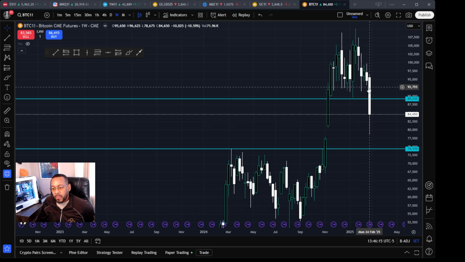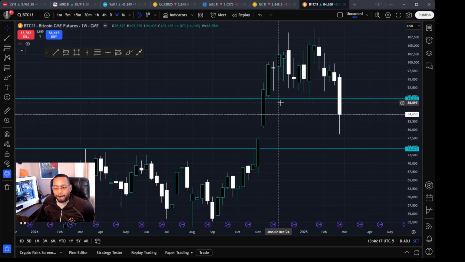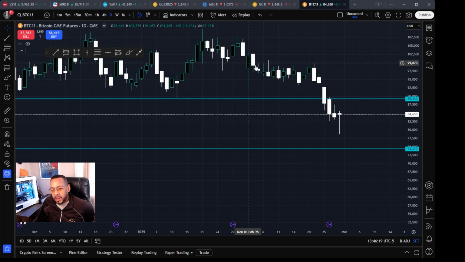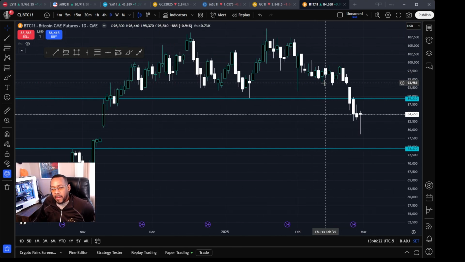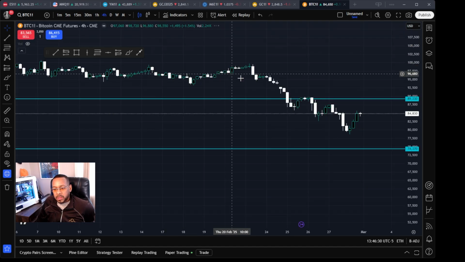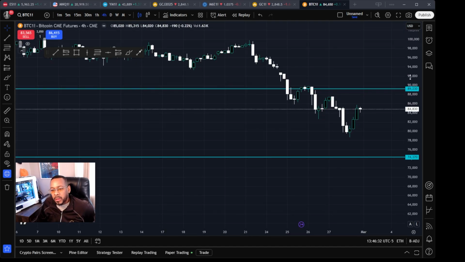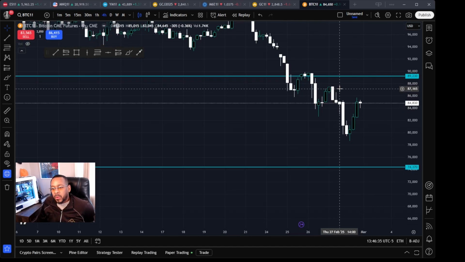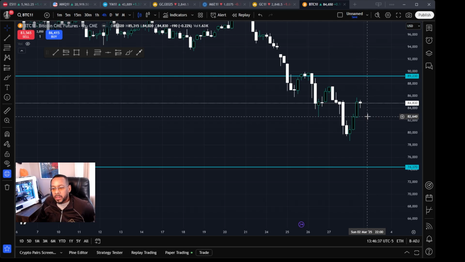Let's look at this daily. So as you see here, the gap doesn't necessarily mean it has to take out this gap just yet. Let's look at the 4 hour. Equal highs, but we have some imbalances down here.